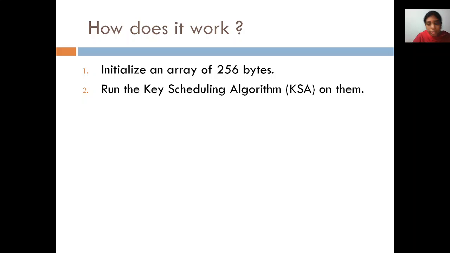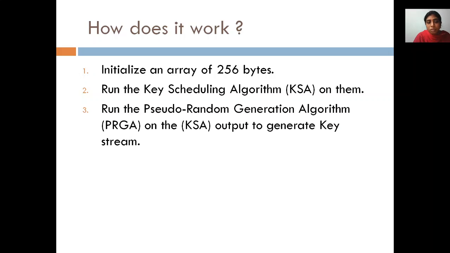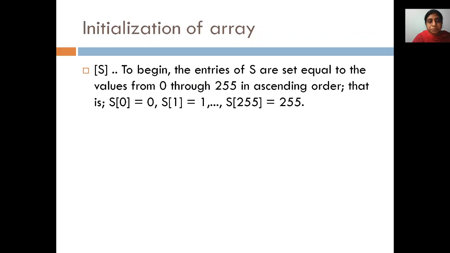We are going to take the initialization, that is the plain text, and also the temporary values and the key values. The key values are repeated in the temporary values. We are going to run the key scheduling algorithm and also the pseudo random generator algorithm, and XOR the data with the key stream.